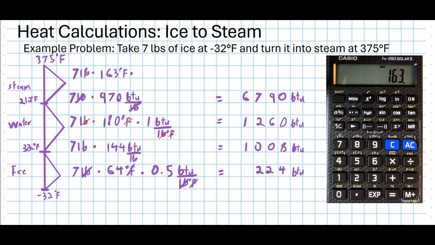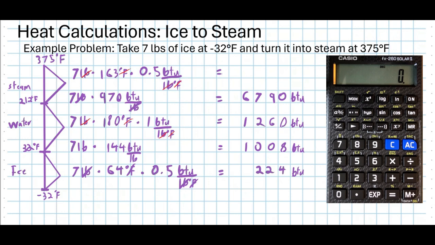I now need the specific heat capacity for steam, which also happens to be 0.5 BTUs per pound degree Fahrenheit. So again, this means it takes half a BTU to warm up 1 pound of steam by 1 degree Fahrenheit. So these units of pound and Fahrenheit are going to cancel out, and I can crunch these numbers.